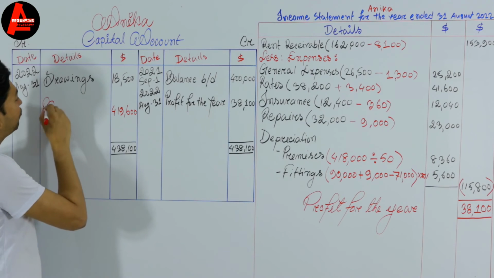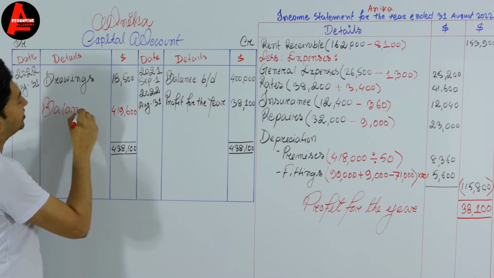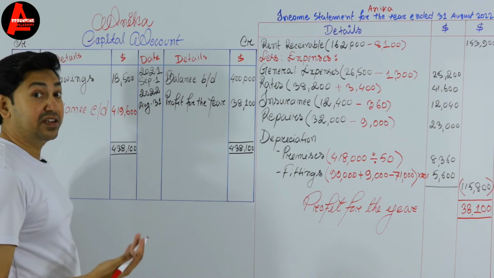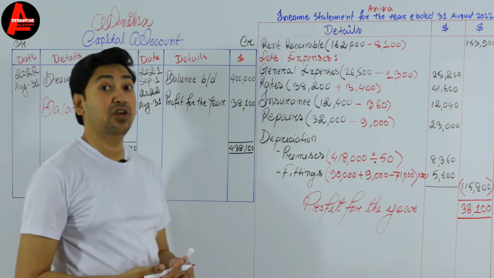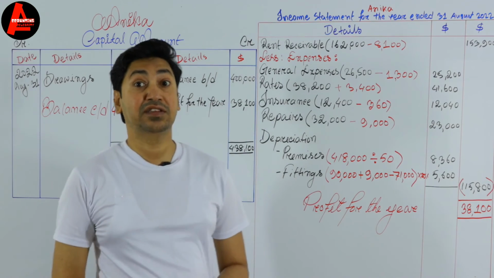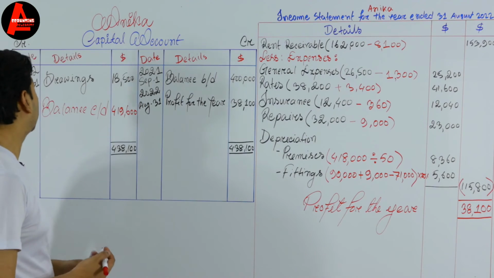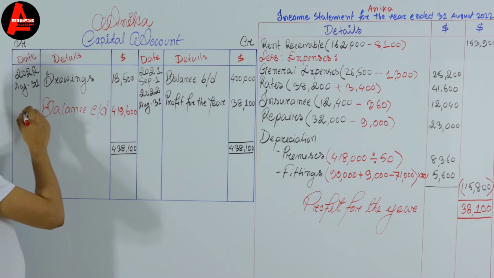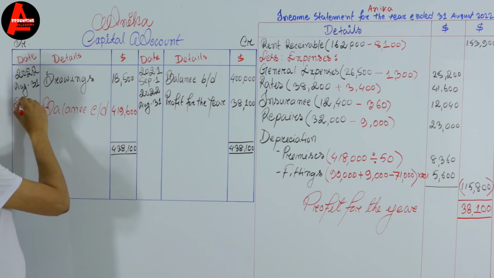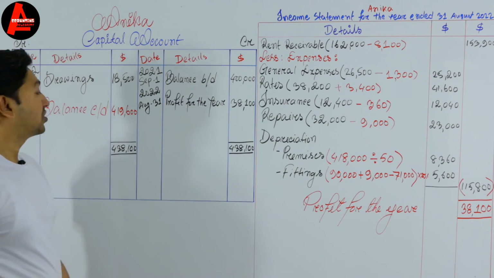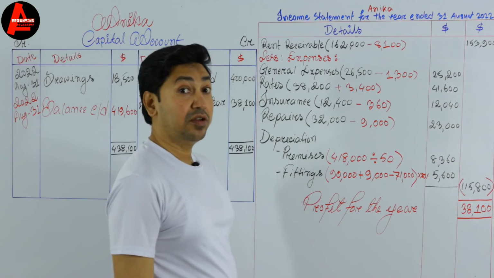So we write balance c/d, where c/d stands for balance carried down. The date for balance carried down will be the last day of the financial year, which is 31st August 2022. So let us write 2022 August 31st, balance carried down.